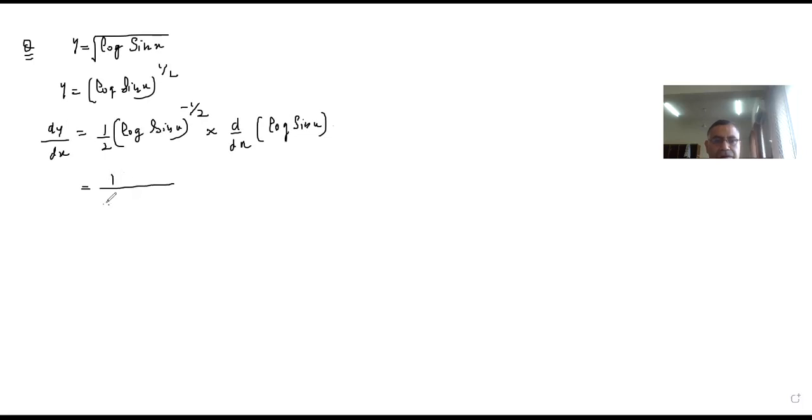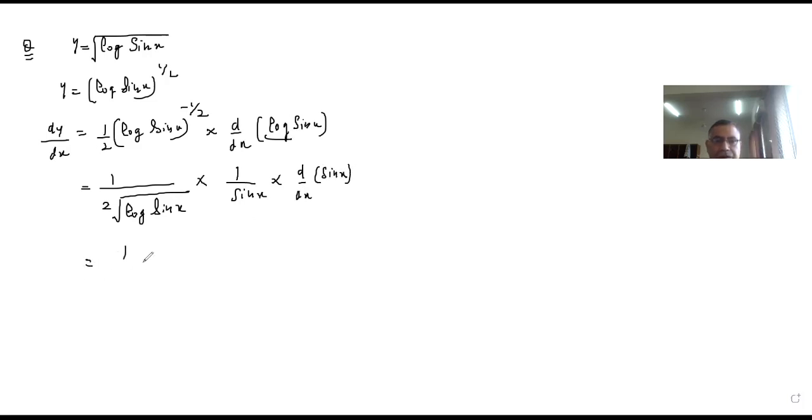So 1 by 2 (log sin x) into the derivative of log sin x, which is 1 over sin x because I have differentiated log. Now next is the derivative of sin x.